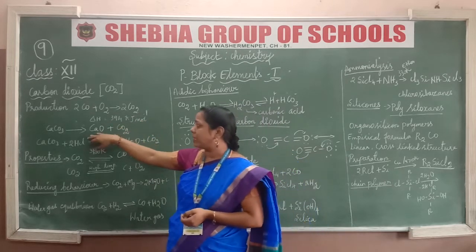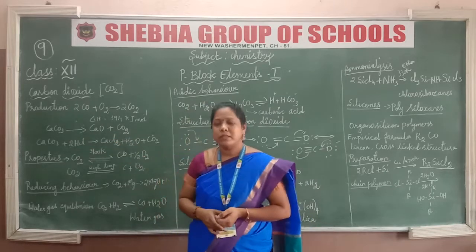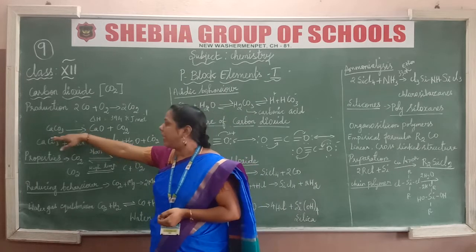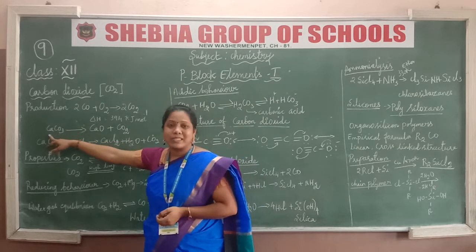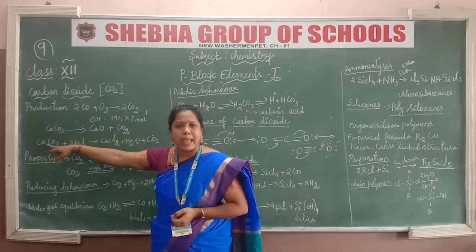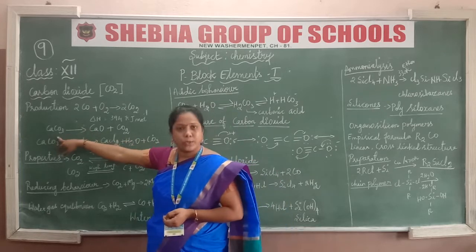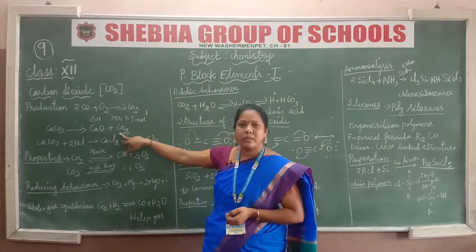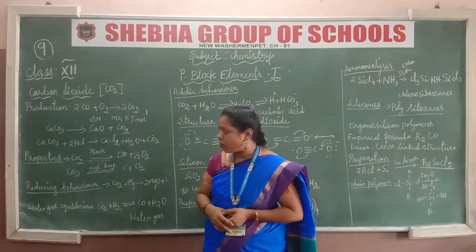Okay. Then go for another preparation of CO2, carbon dioxide. We have to consider the decomposition of what is that? Calcium carbonate. In the decomposition reaction of calcium carbonate, we get calcium oxide along with carbon dioxide.